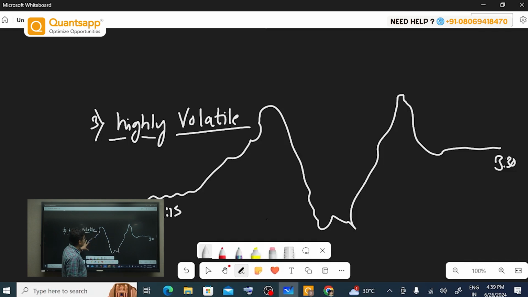So during high volatility, if the index moves like this, most of the stocks also move like this. In this case the stocks will also be volatile.